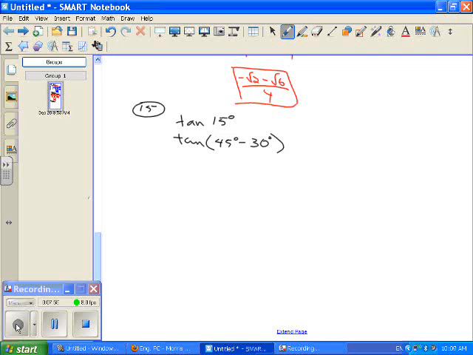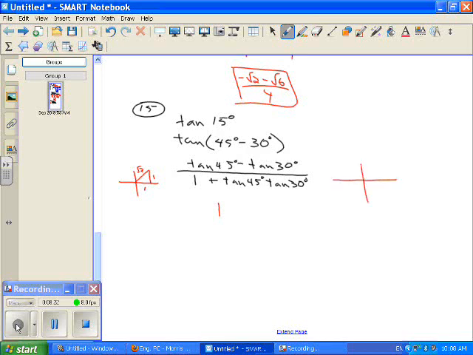So for us, that's going to be tangent of 45 minus tangent of 30 over 1 plus tangent of 45 times tangent of 30. All right, well, tangent of 45, opposite over adjacent, that's 1. Tangent of 30 is opposite over adjacent, so that's 1 over square root of 3.